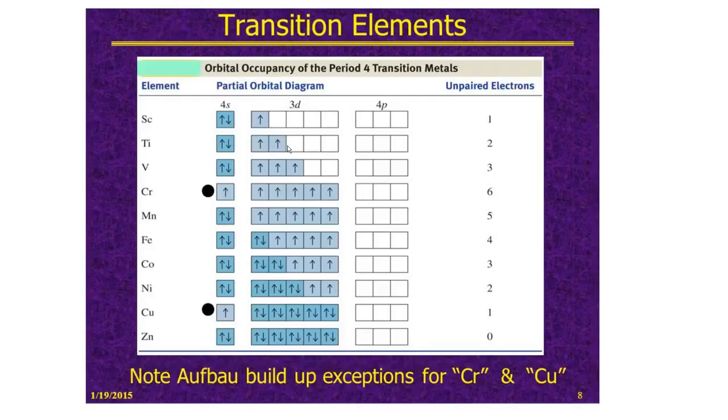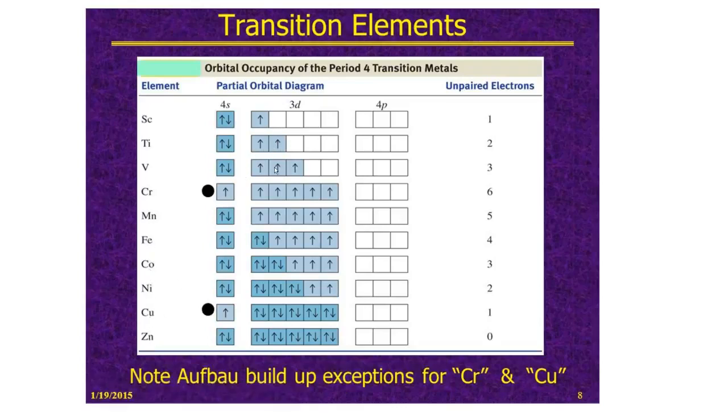These elements usually show more than one oxidation state in compounds because they have a greater number of valence electrons available in the partly filled d orbitals. So you can see that this is the first series of the transition elements: scandium, titanium, vanadium, chromium, manganese, iron, cobalt, nickel, copper and zinc.